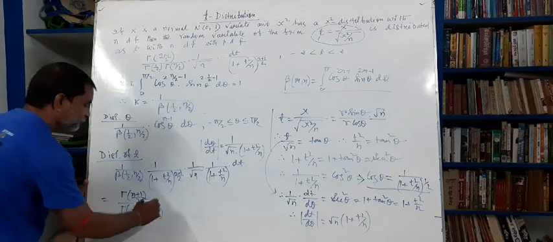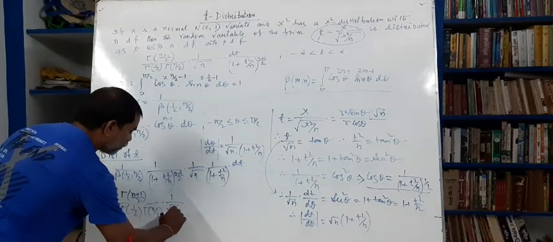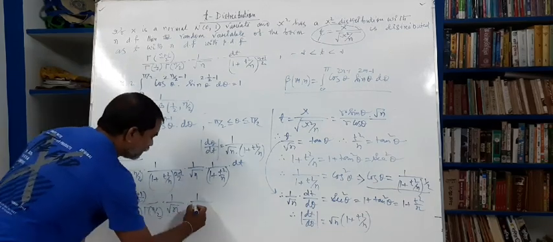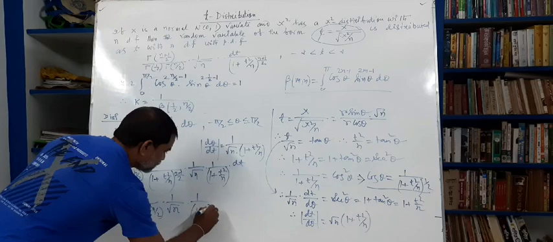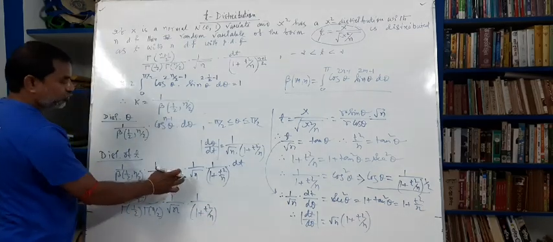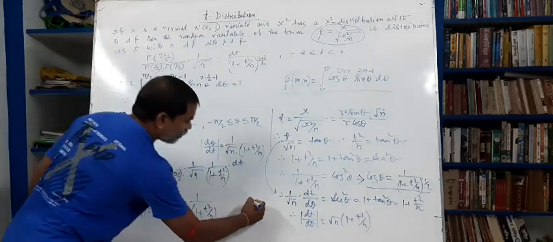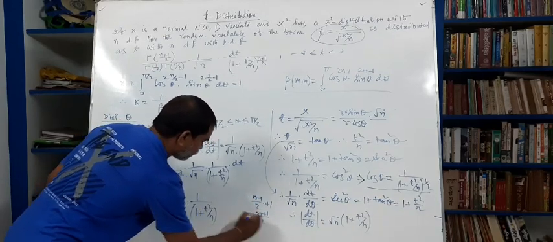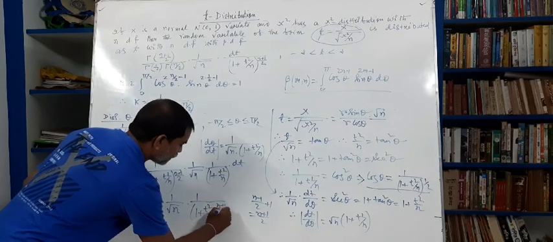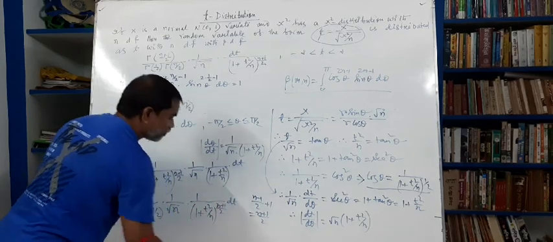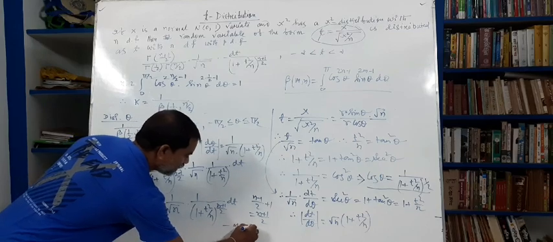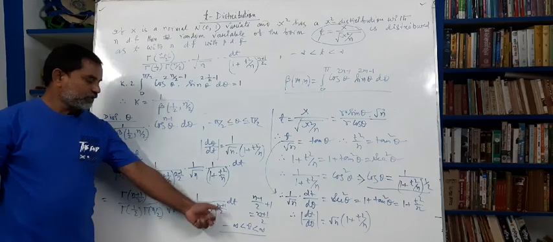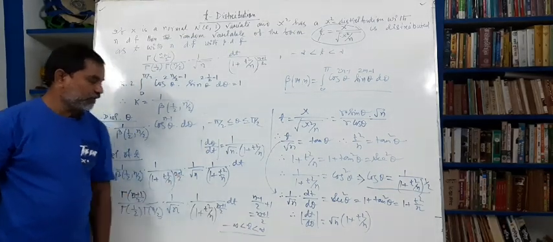This is the beta function, 1 by root n, and from these two we find 1 plus t square by n to the power minus, n minus 1 by 2 plus 1. From this we get n plus 1 by 2, and t varies from minus infinity to infinity.